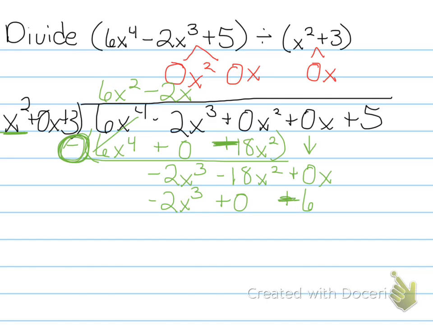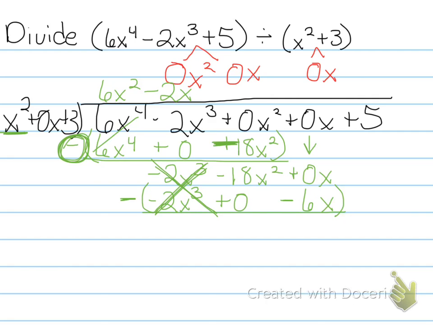Oops, I'm sorry, scratch that, negative 6x. There we go. Okay, so then I'm going to subtract all of that product. So if I'm subtracting an already negative 2x to the third, then I'm actually going to be adding 2x cubed, which would then make that cancel with the negative 2x cubed.